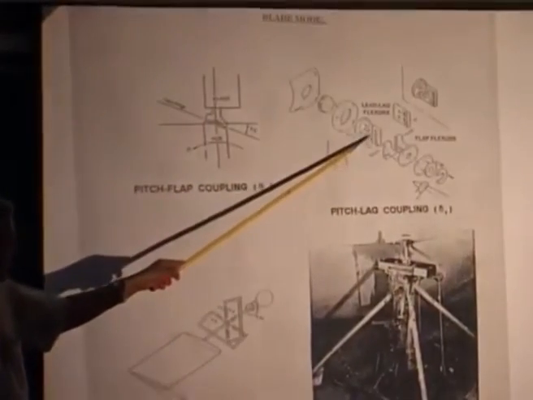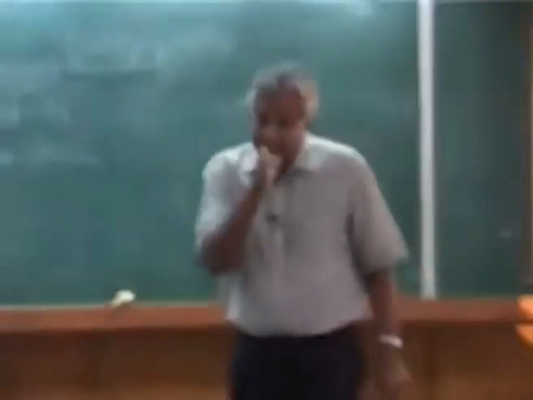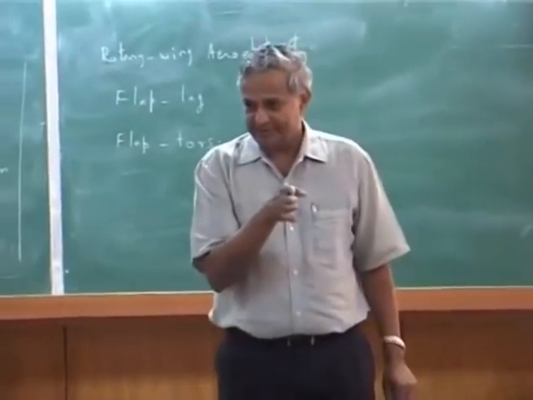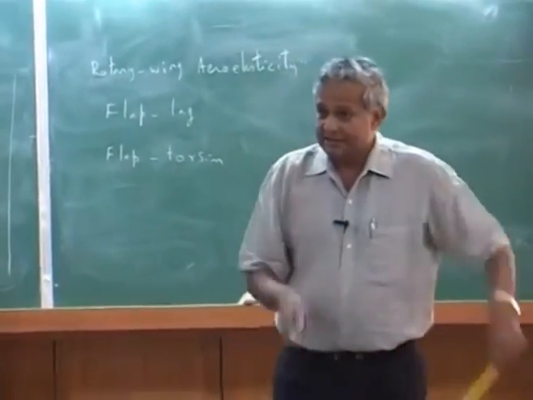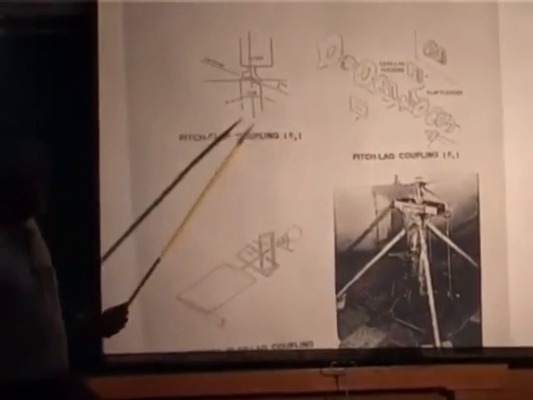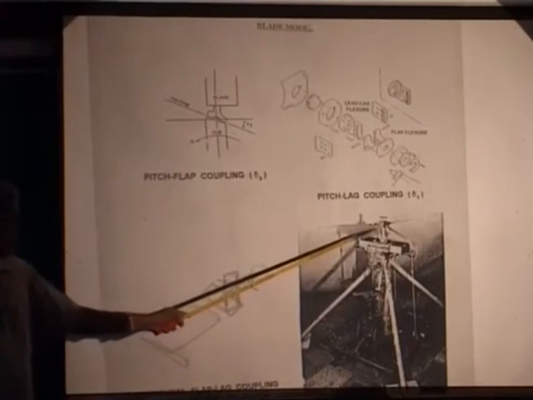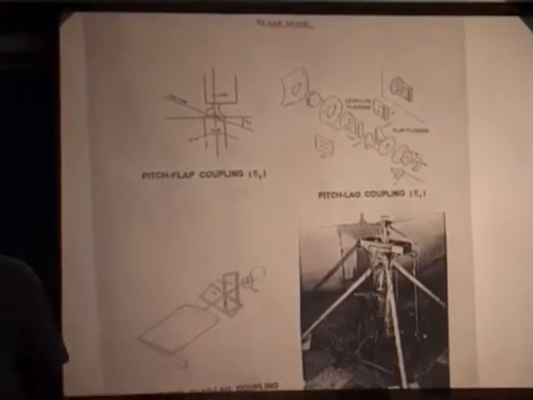So what they did was a nice combination of flap and lag flexure at the same location. Because you always say spring model, and the spring model was put in, and there is no torsion. The blade was relatively stiff, almost like a rigid blade. But then they have pitch lag coupling. They also introduced pitch flap coupling, everything in this model, and just study only the stability of it.